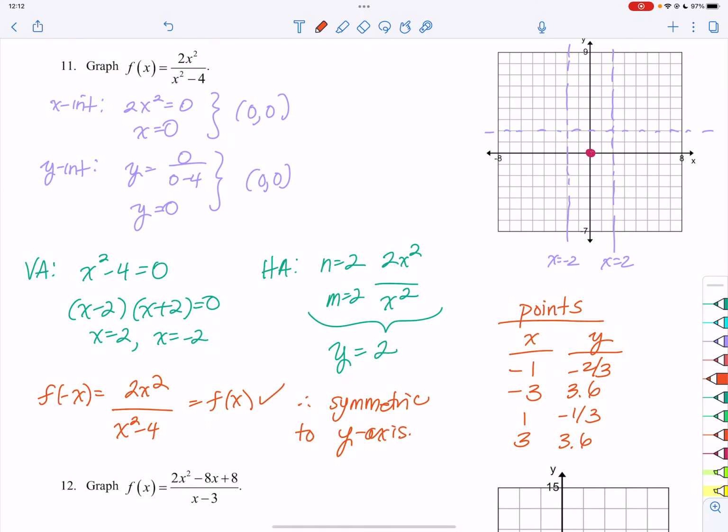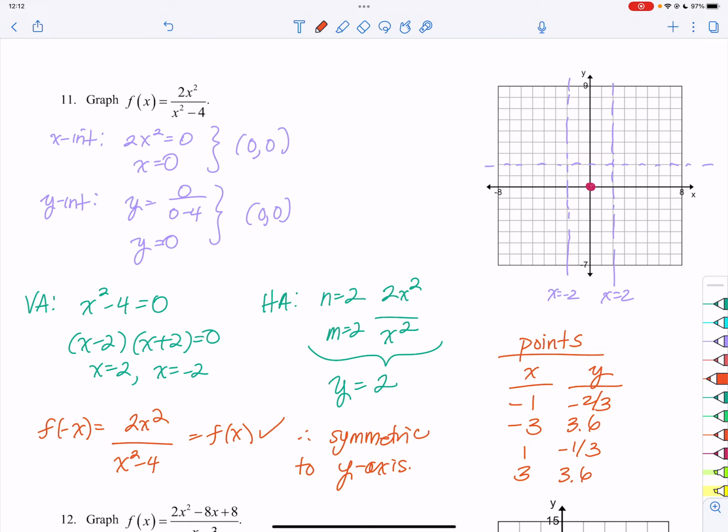And if we get these on the graph, at -1, -2/3, and -3, 3.6, and 1, -1/3, and then 3, 3.6.